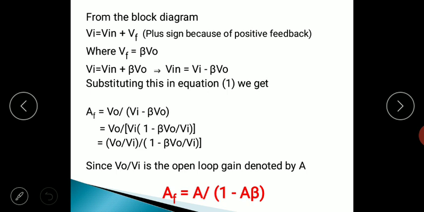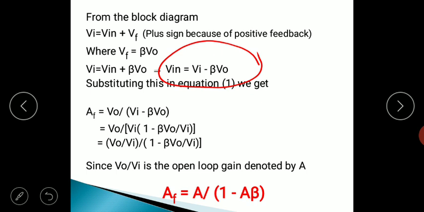We know that Vf is beta into V0. So if you substitute that, it becomes Vi equal to Vin plus beta into V0, and from this we can write Vin as Vi minus beta into V0. See, with negative feedback we got Vi plus beta V0. Now with positive feedback we are getting Vi minus beta into V0.